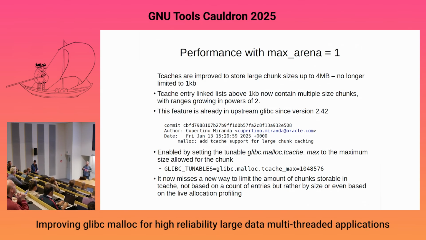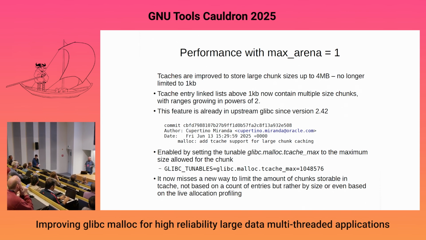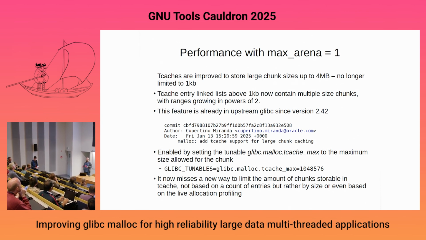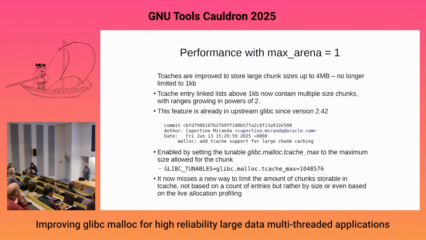It might be that in MySQL it actually worked well, as you will see soon, but for other programs it might be a problem, and it might be even worse, because what we are trying to do is to reduce the max arenas in order to not abuse the memory usage, right? But if you reduce to a point and then the tcaches get filled up and stop being effective, then you actually get a big drop in performance.